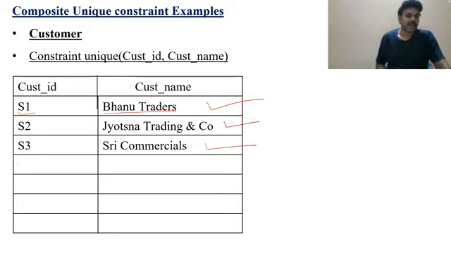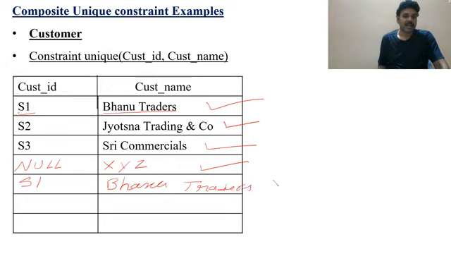This is also correct. When I'm writing here null and something like XYZ, this is also what? Valid. So if I'm writing S1 and here I am writing Bono Traders, then you say that this is going to be invalid as it is available in the first row.